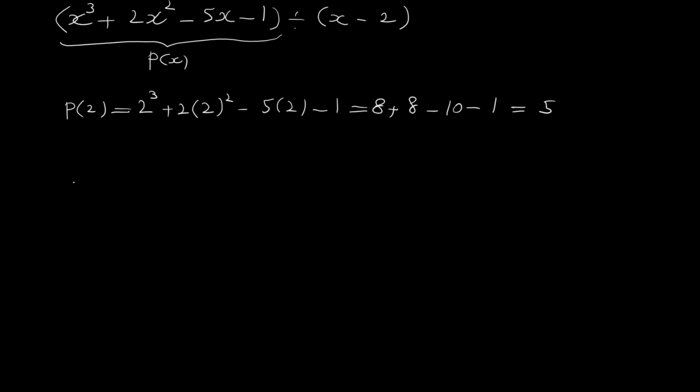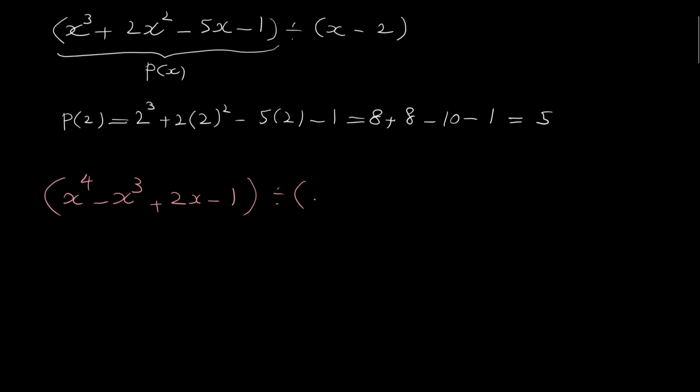Suppose we have this polynomial: x to the 4 minus x to the 3 plus 2x minus 1. And we want to divide this polynomial by x plus, for example, 3. What is the remainder?